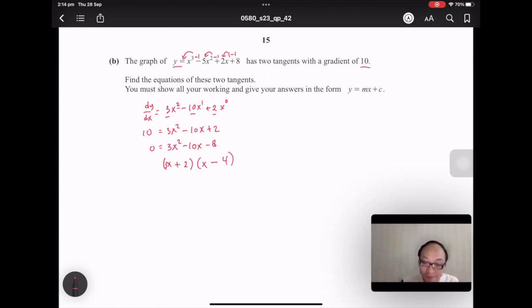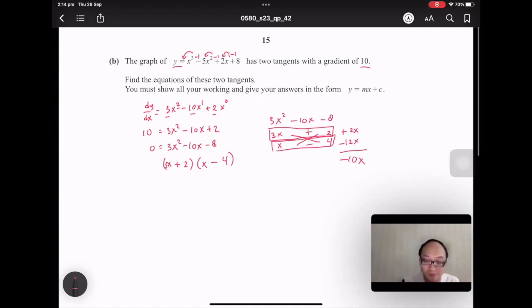Yeah, if you do this, 3x squared minus 10x minus 8. So this is 3x, x. This is 2 and 4. So this is 12x. This is 2x. To make it negative 10x, this is minus, this is plus. So 3x plus 2 and x minus 4 equals 0.